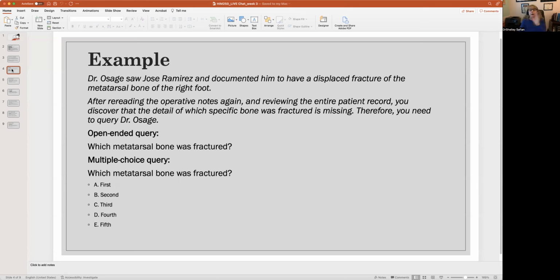You put the medical record number, you put the date that Dr. Osage cared for this patient. And now the doctor knows what you're talking about and can clearly find the answer that you're looking for.